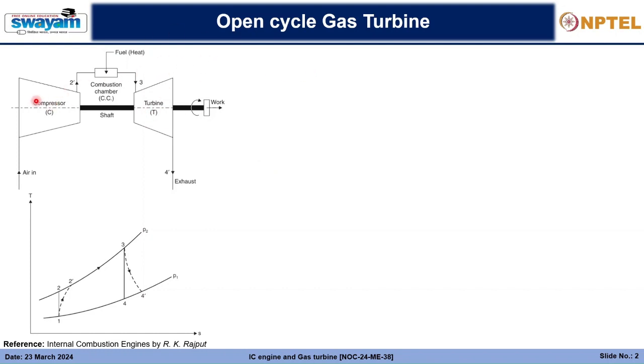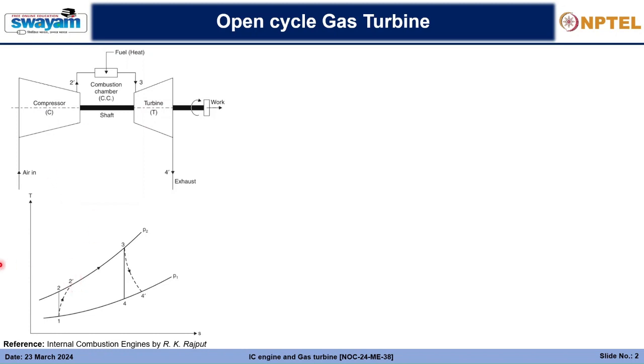Hence the aim is to make it fully isentropic if possible, but generally that is not achievable. We will have a certain amount of irreversibilities. That's why we will have to utilize the isentropic efficiency, which is around 80%. We will get to know about these.